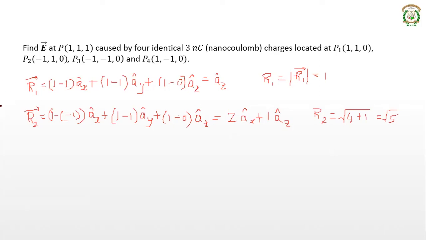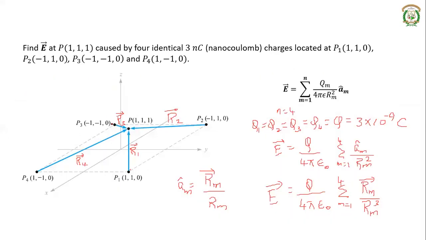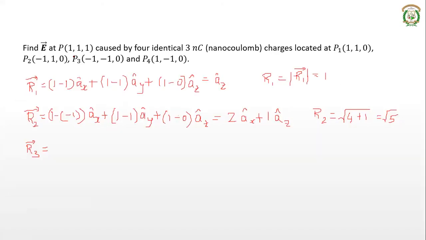Then similarly, R3 and R4 you are supposed to find. Can you complete this? Someone tell me what is R3? R3 is the distance from P3 to P, so it is coordinates of P minus coordinates of P3.